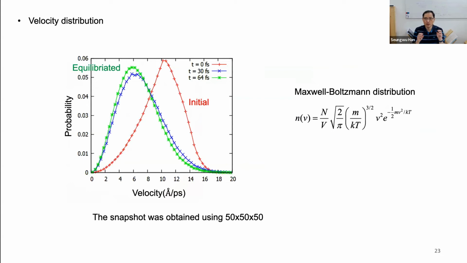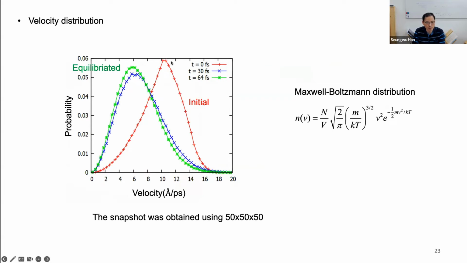And also, you can calculate the distribution of the velocity by looking at the velocity of the individual atoms. You have this distribution, and initially, in the beginning, this is what we started with.